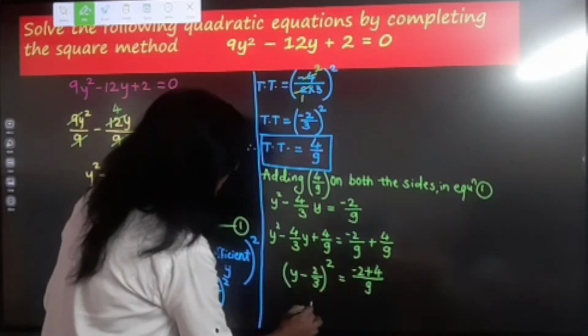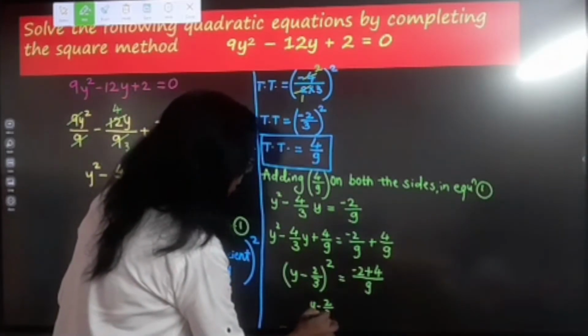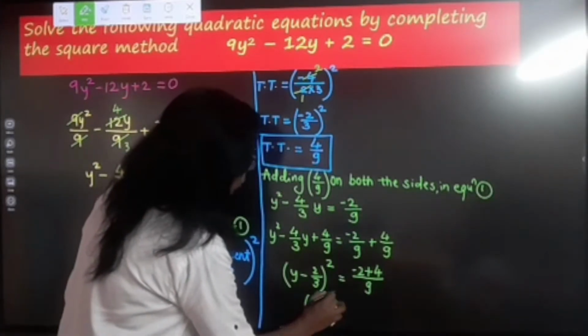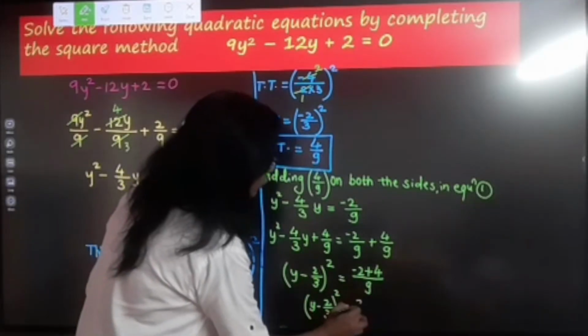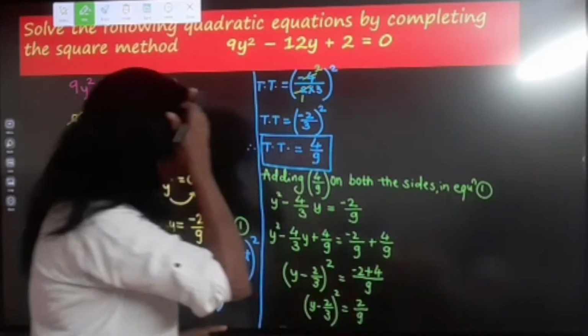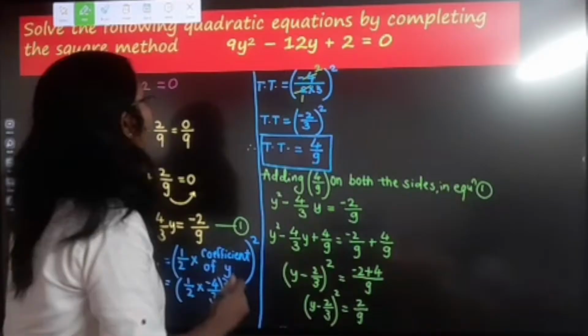So here students, (y minus 2 upon 3) whole bracket square is equal to 2 upon 9. Okay, now the next step.